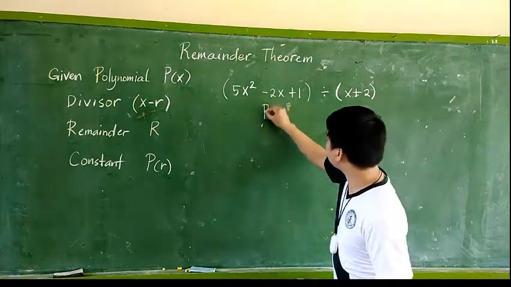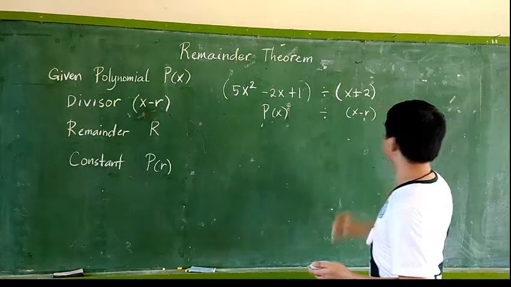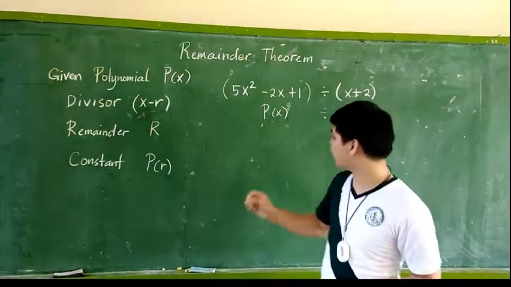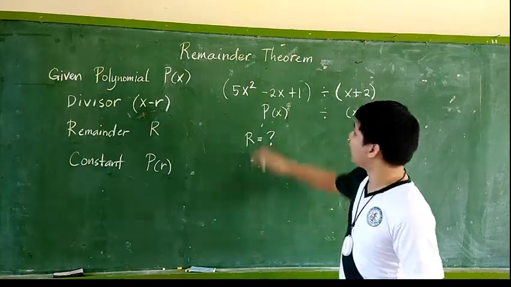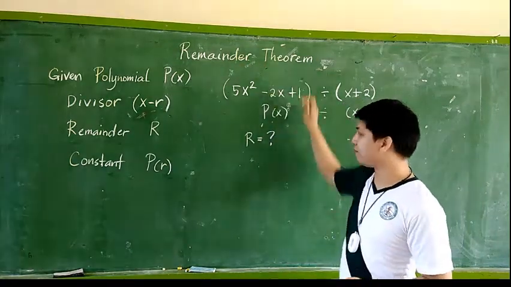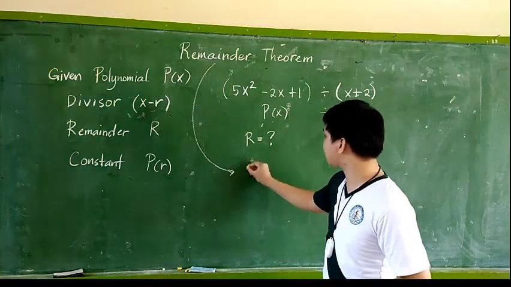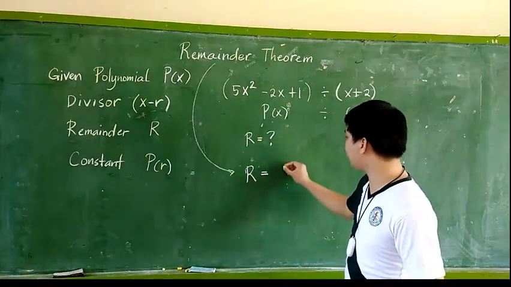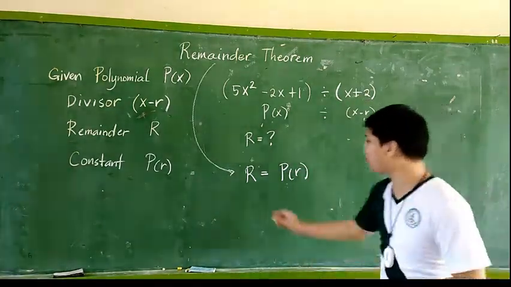This is our p of x divided by x minus r. The question is, what will be the remainder? What will be the value of R? In the remainder theorem, mathematically speaking, R or the remainder should be a constant and it's equivalent to p of r.